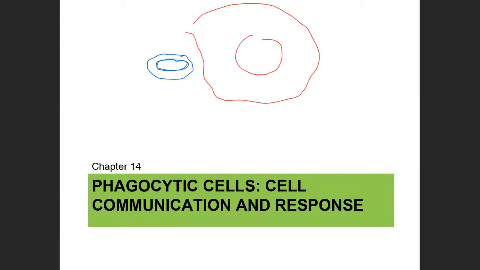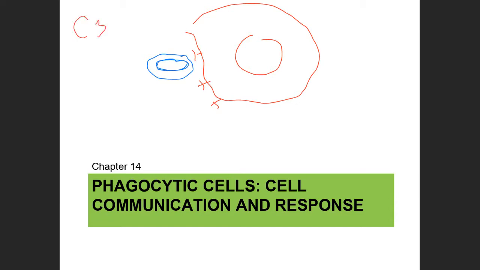The reason why is because the host immune cell does not have receptors for the bacteria. So there's no way for the cell to grab a hold of the bacteria, especially if the bacteria has a capsule. Okay, so here comes opsonization.